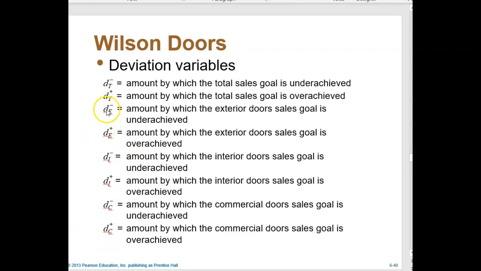So d negative e and d positive e would be the deviation variables for our exterior door sales goal, which is goal number 2. d negative i and d positive i would be the deviation variables for our goal number 3, which is for interior door sales. And that's why the subscript is i. And then finally, for our fourth goal, which is the commercial door sales, d negative c and d positive c would be the associated deviation variables.